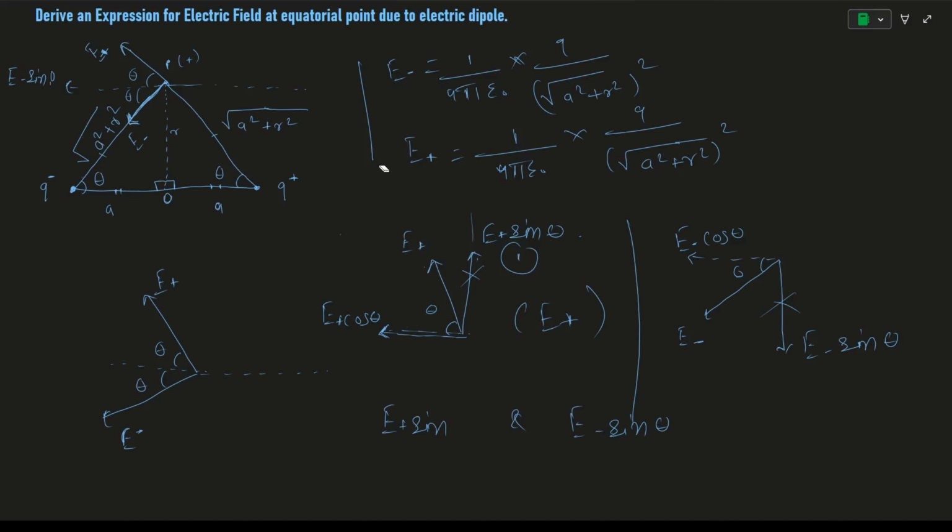E minus cos theta and E plus cos theta both are in the same direction. Now their magnitude is also same.